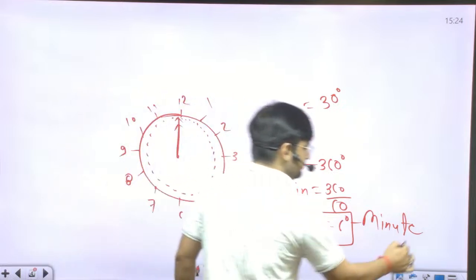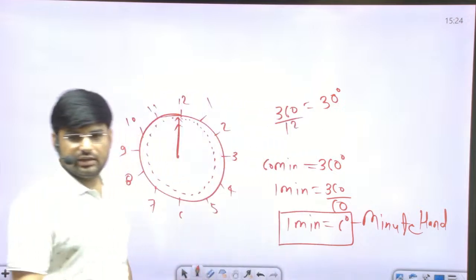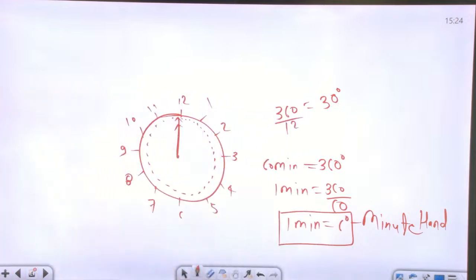Minute hand. Is it clear? A minute hand moves 6 degree in every 1 minute.